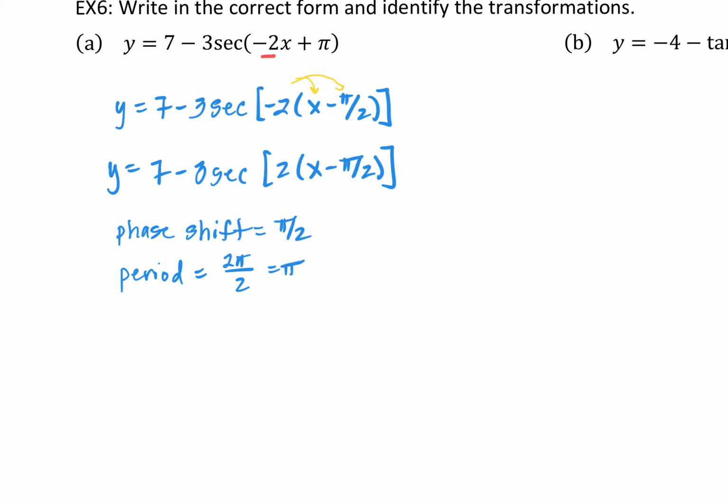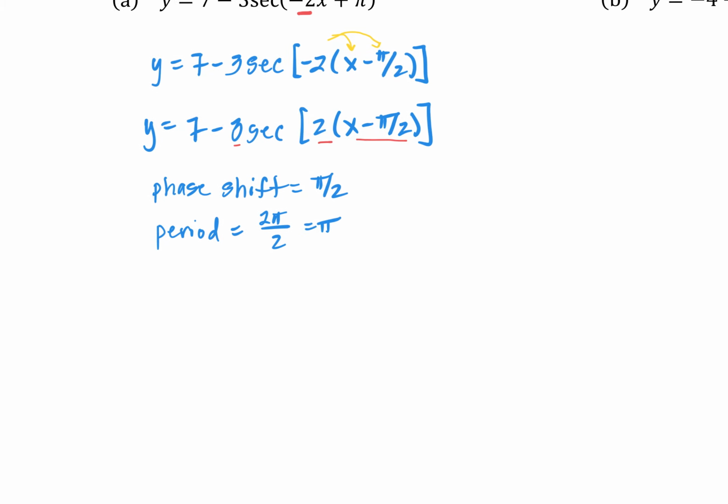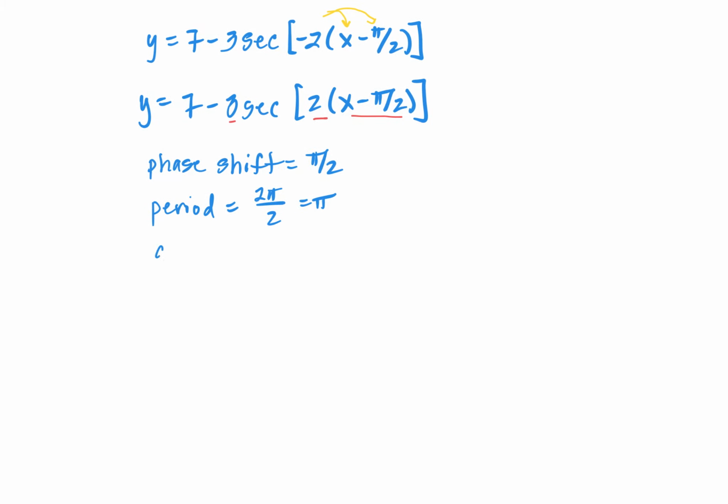Okay, so we did phase shift, period, and now we look at the 3 in front of the secant. We ignore the negative because that's another transformation in itself. So this 3 in front of the secant, you could use the word amplitude if you would like. It's an amplitude of 3. But remember, that's a vertical.